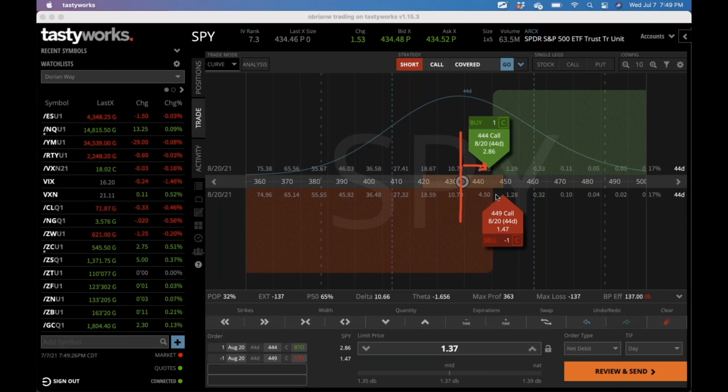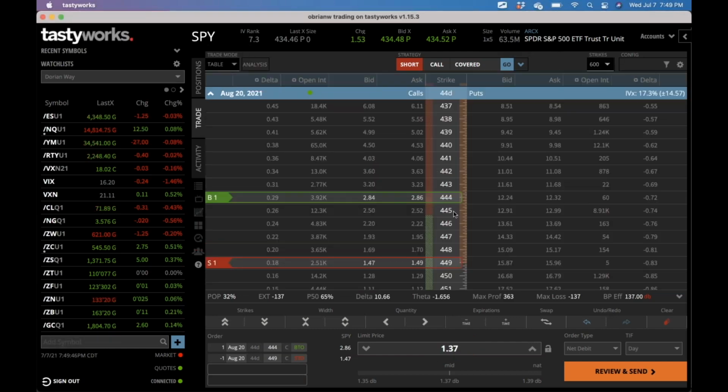You can see your loss zone is even more past the at the money line, so you need it to go up in a big way before you can win. It's going to cost you less, but your probability is going to be significantly lower, right?